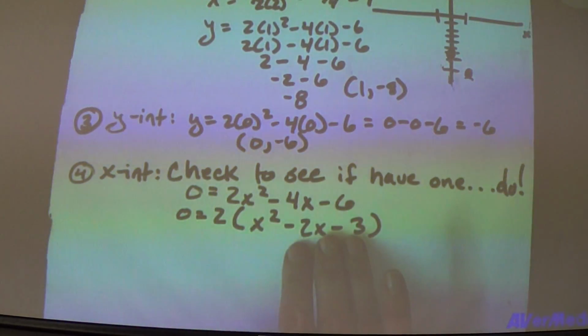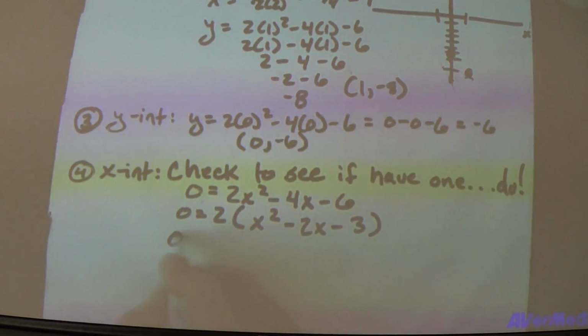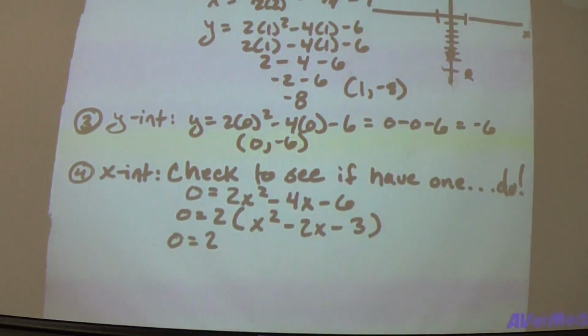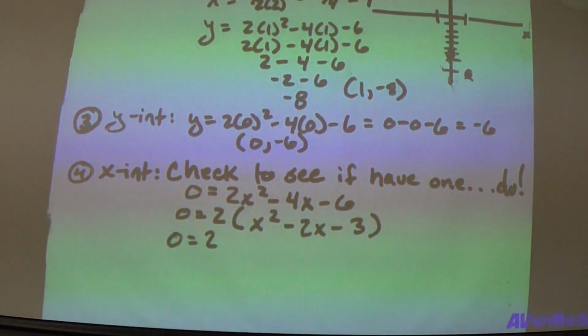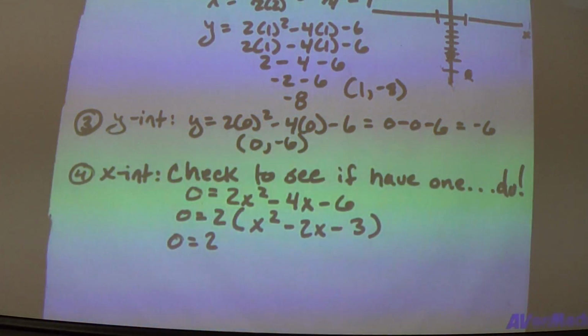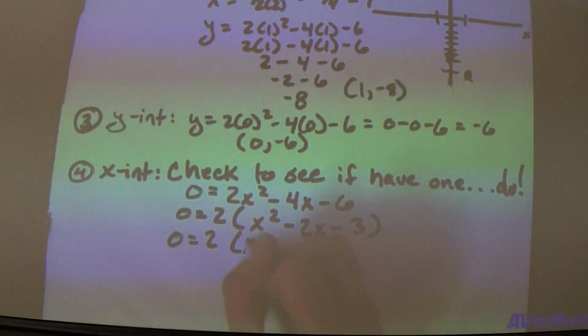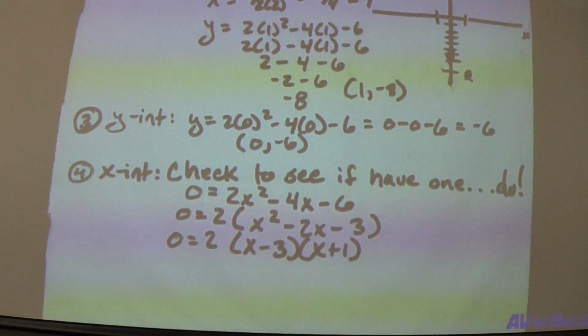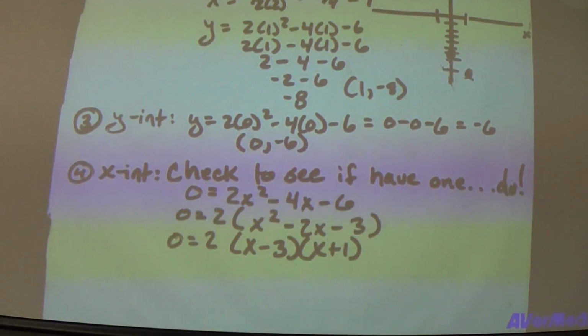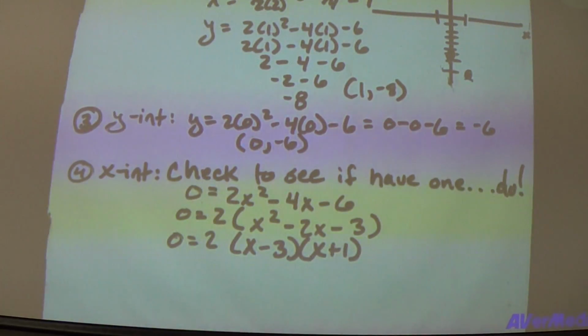Now what do I do with the parentheses? AC method. So what multiplies to make a negative 3, but if I add, I get negative 2. Yeah, so x minus 3, x plus 1 is the factorization.